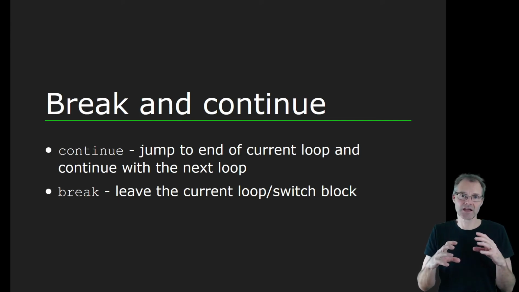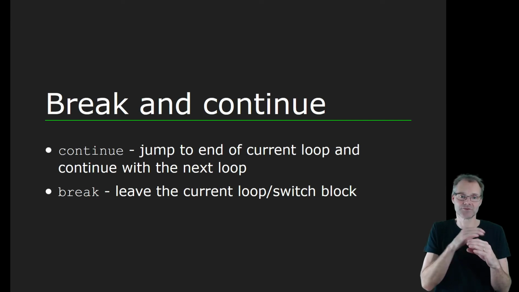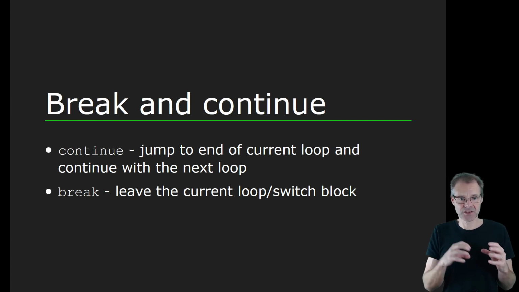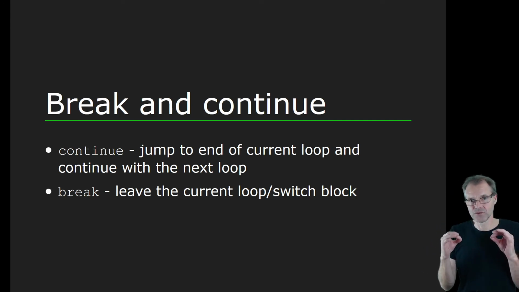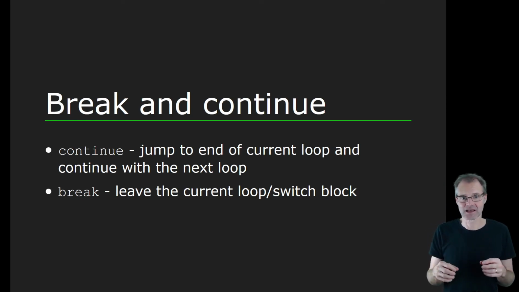So it's a way of perhaps checking an expression at the top and saying, no, I don't want to calculate this, so just go to the next round in the loop. So then I use continue to do that. So continue and break, two items that will help us specialize our loop constructs.